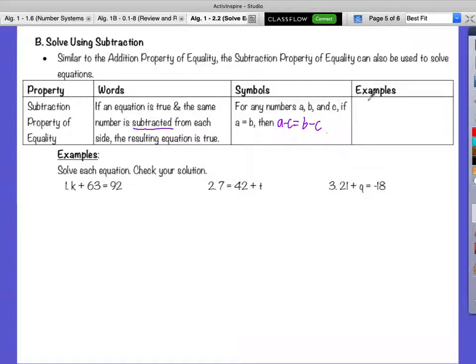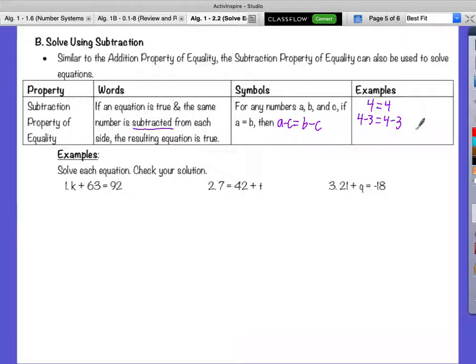In numbers, an example: if we have 4, does 4 equal 4? Yeah, that's a true equation. So we started with a true equation. Now, if the same number is subtracted from each side, let's say I take 4 minus 3. That will equal 4 minus what number? 3.